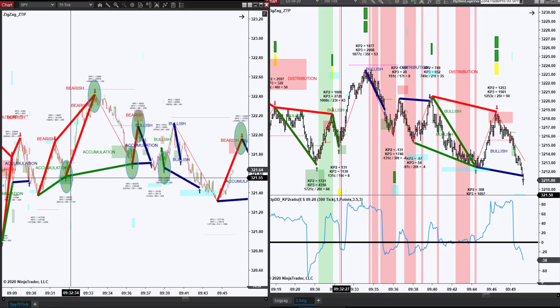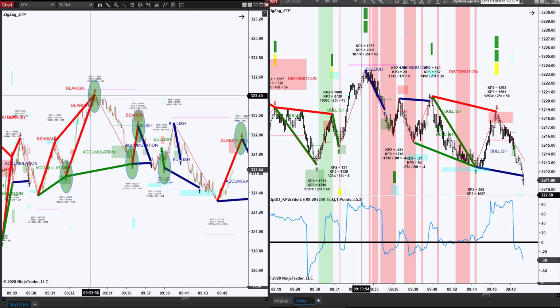We'll start back here at the open. And you can see that we had an accumulation long right here. At the same time, we also had a special divergence on the ES chart itself. And that was good for a little over 8 points.